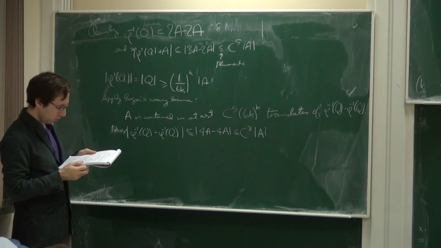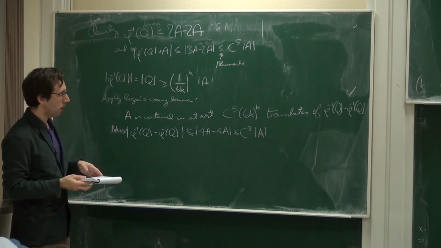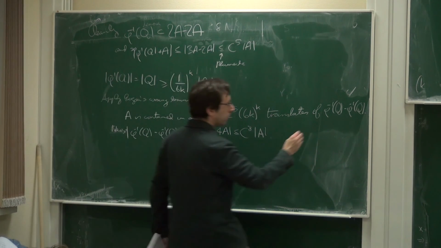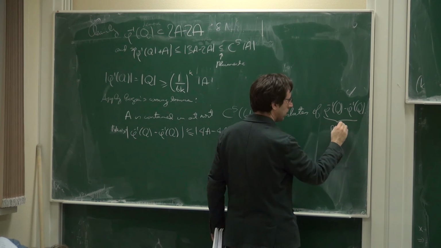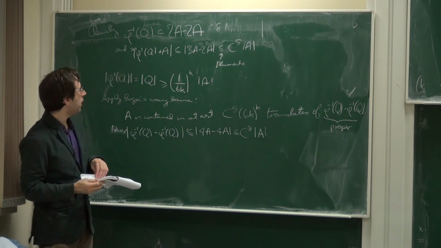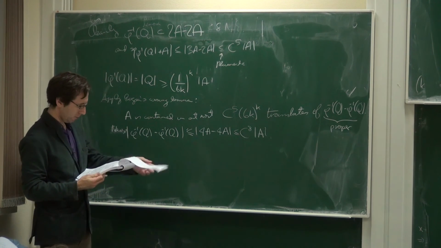All right, so we have obtained that A is contained in not so many translates of a proper generalized arithmetic progression of given size and so on.